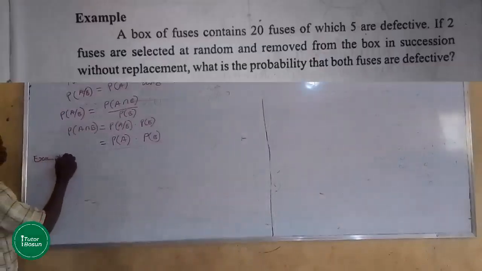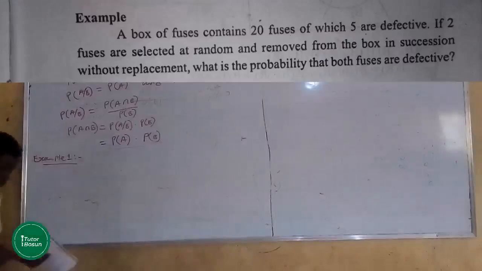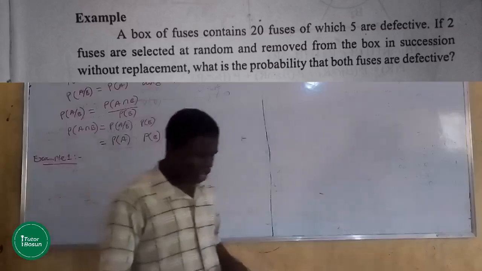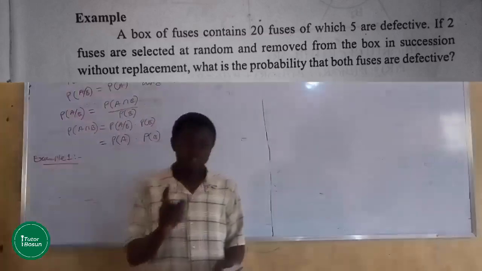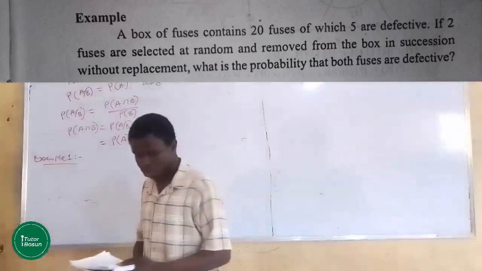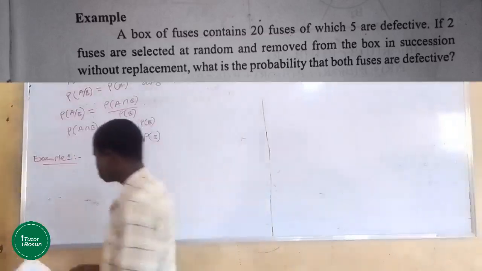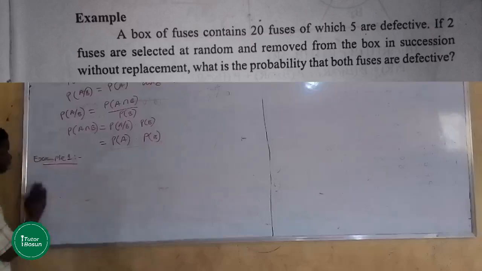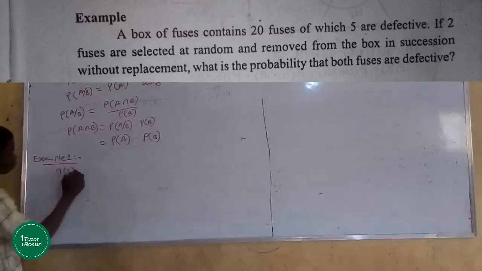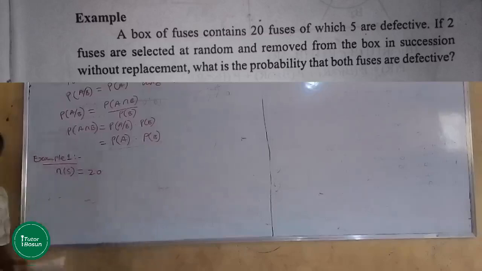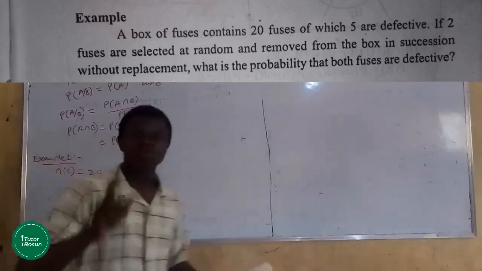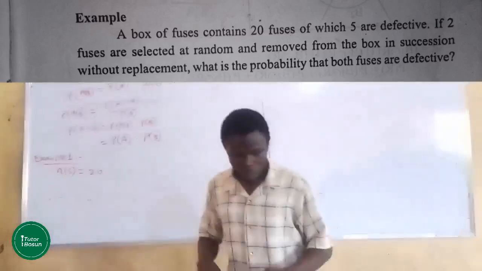Example 1. The example says a box of fuses contains 20 fuses. Automatically, the sample space n of S will be equal to 20, of which 5 are defective.